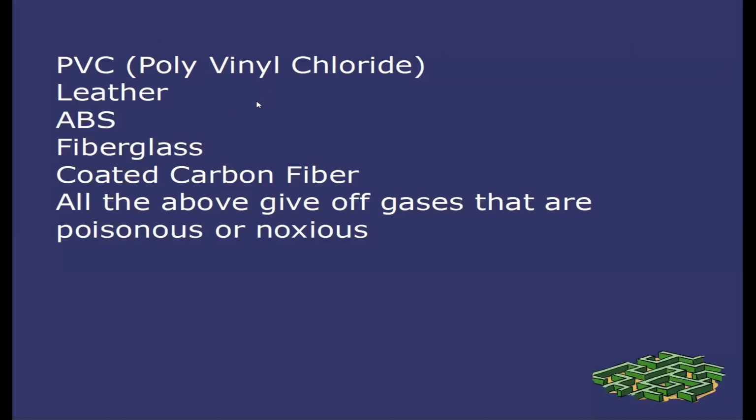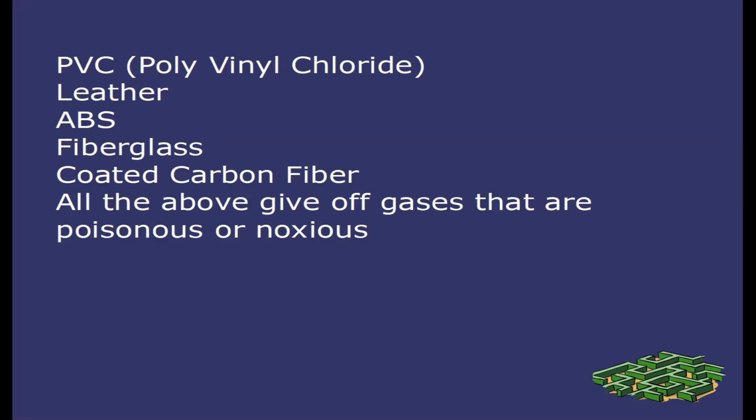PVC, polyvinyl chloride, leather. Now, leather you can actually engrave, but you must remember to have good ventilation when you're doing it. ABS, fiberglass, coated carbon fiber, which a lot of radio control modelers use for the chassis and things like that.